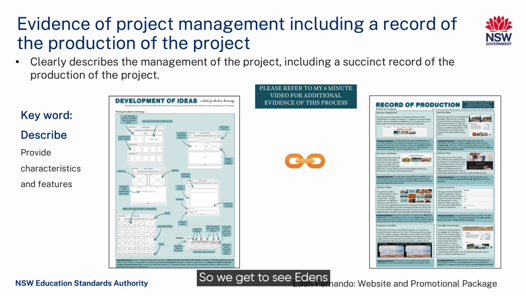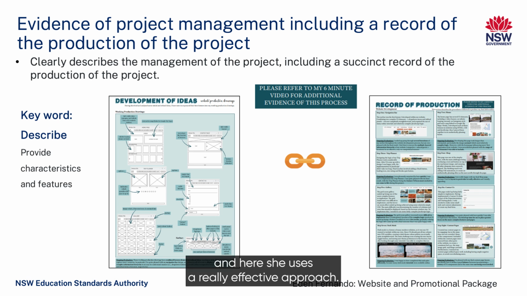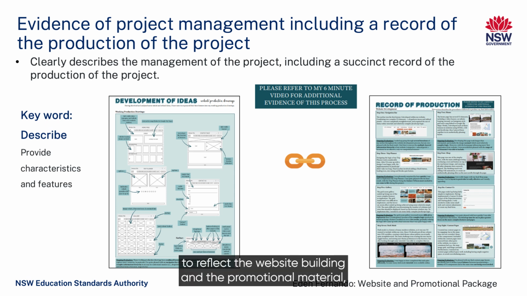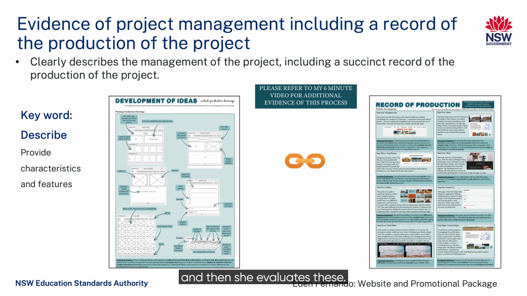So we get to see Eden's record of production. And here she uses a really effective approach. We can see that she's taken those progressive screenshots of each step to reflect the website building and the promotional material, and then she evaluates these.